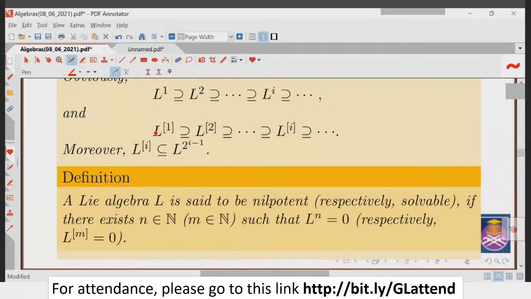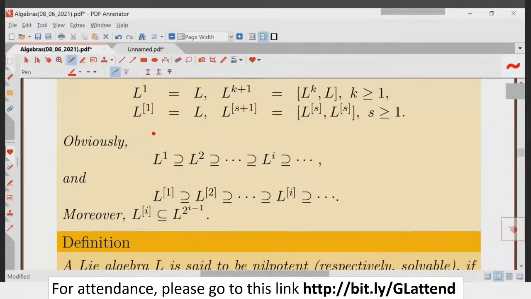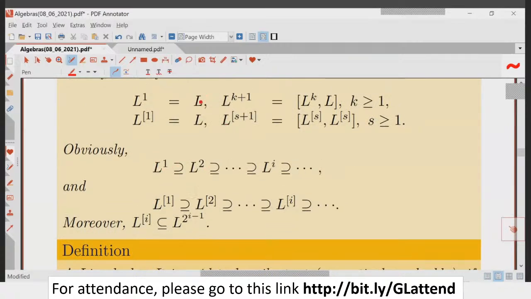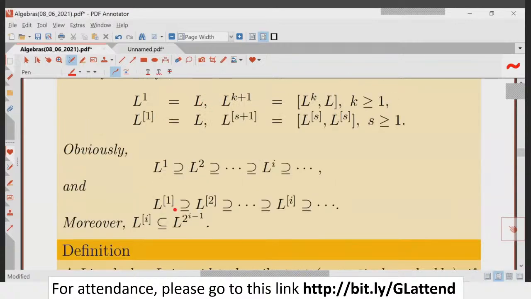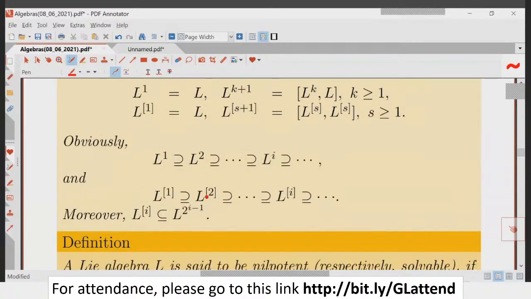If you look at the usual nilpotency and solubility: if this terminates at 0, then L we will call nilpotent. If this goes to 0, then L we will call soluble. Since somewhere here you will get an inclusion, correct or not? This includes L to the 2i minus 1.